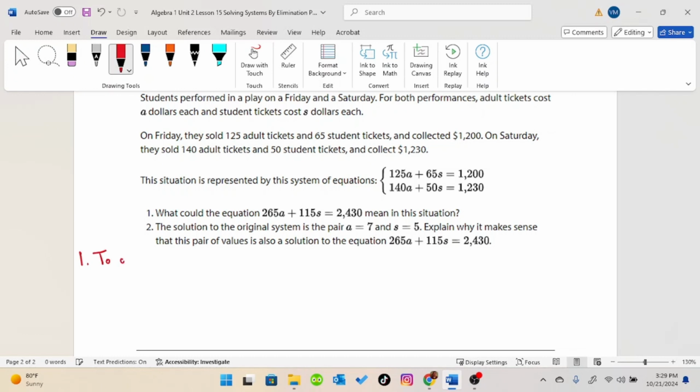So to get the new equation, the first two equations were added together.